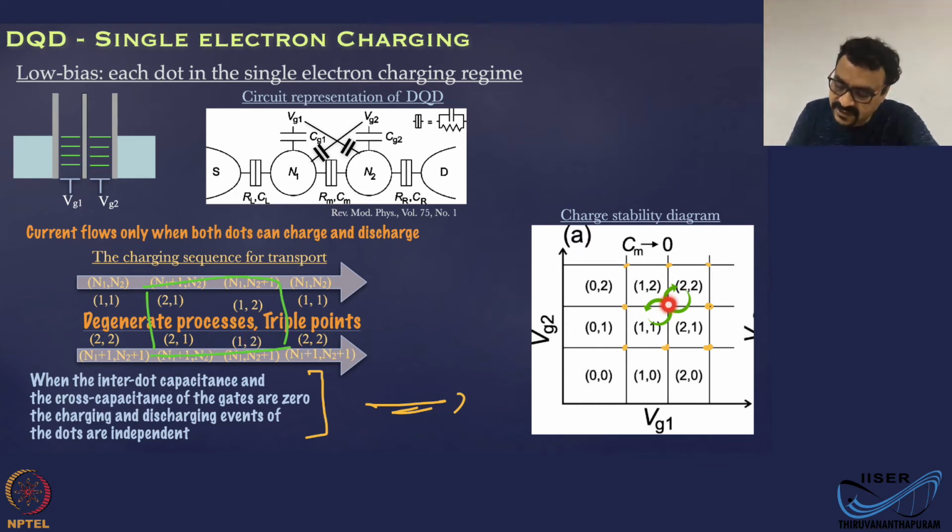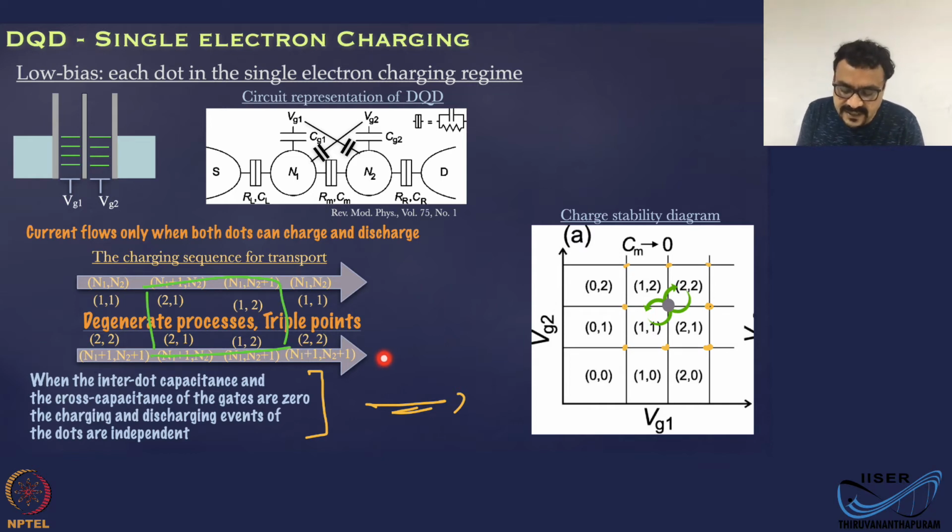That is, you can start from a situation where you have N1 and N2. Then you need to go through this sequence: N1, N2, then N1 plus 1, N2 in this region, then N1, N2 plus 1, then back to N1, N2. That's what it is. So you are going through this cycle. So these three charge configurations: 1, 1, then 2, 1, then 1, 2, back to 1, 1.